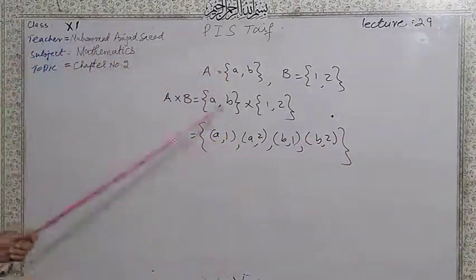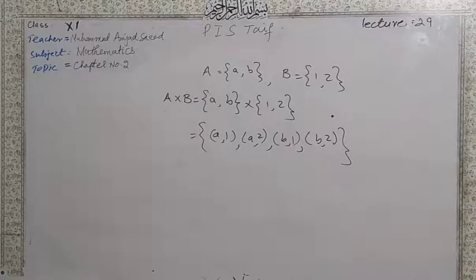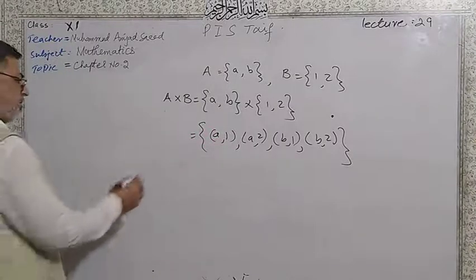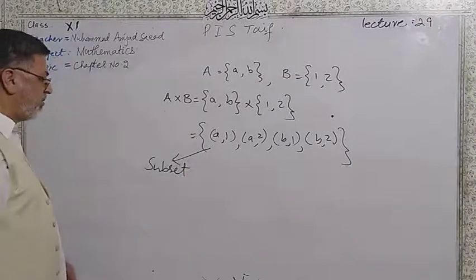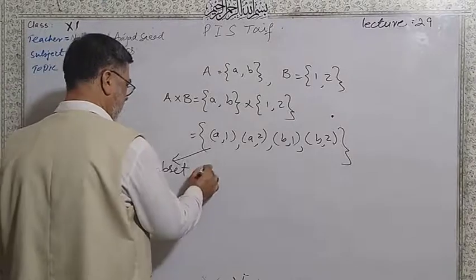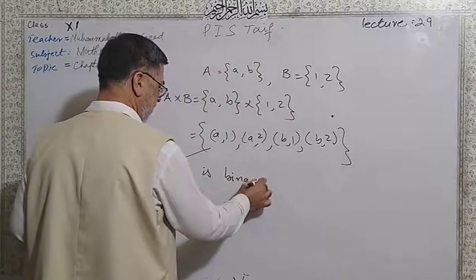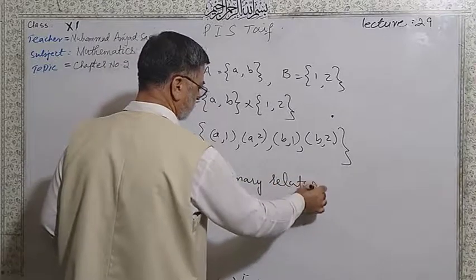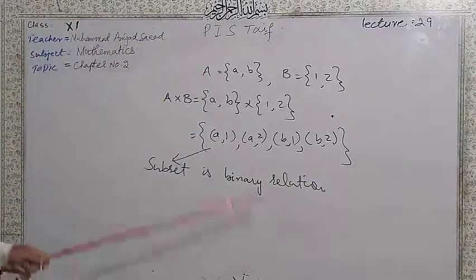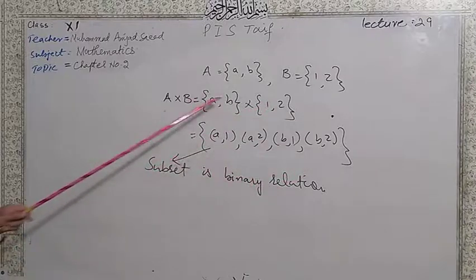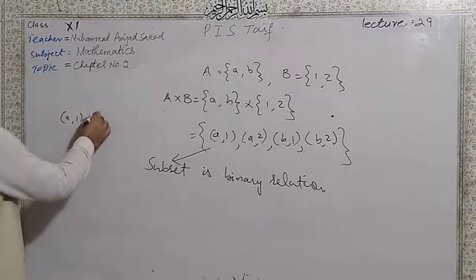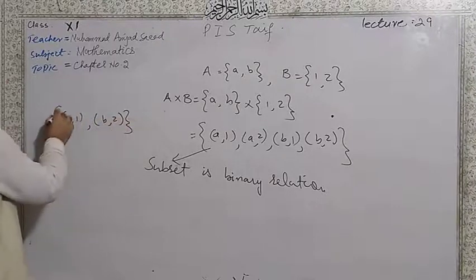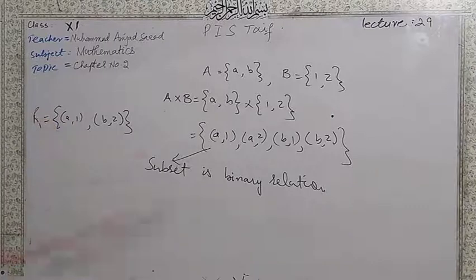This is known as the Cartesian product, and a subset of this Cartesian product is known as a binary relation. For example, I am taking this (a,1) and (b,2). Name it as R1. So this is your binary relation R1.